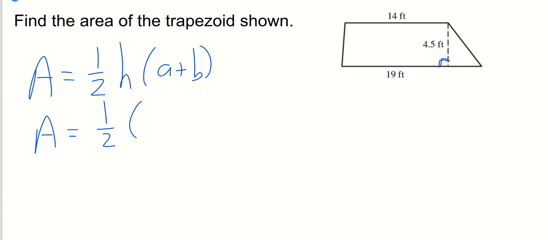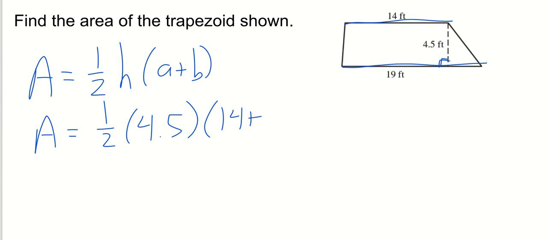That's going to be the 4.5. So 1/2 times 4.5 times the sum of the two bases. Our smaller base here is that number 14, and the larger base would be the one all the way down here, which is 19.